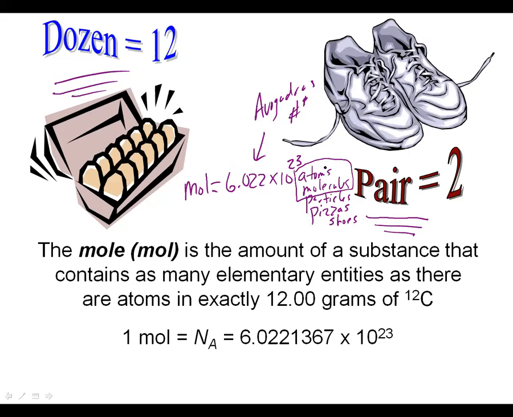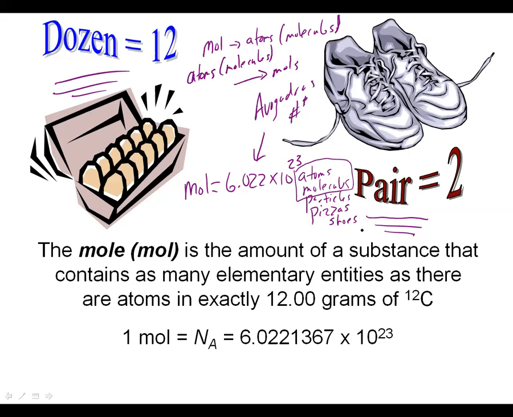So Avogadro's number is essentially our conversion factor to convert between moles and atoms or molecules, for example. And we also use it the opposite way when you have atoms or molecules and you want to convert to moles.